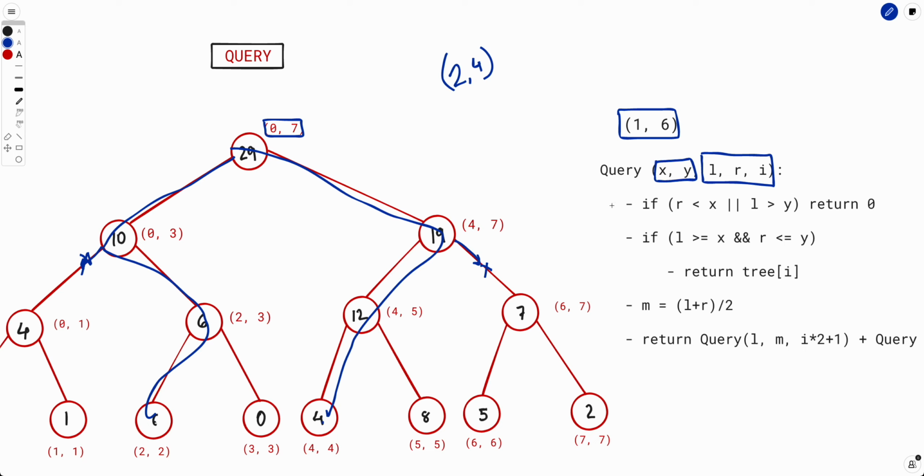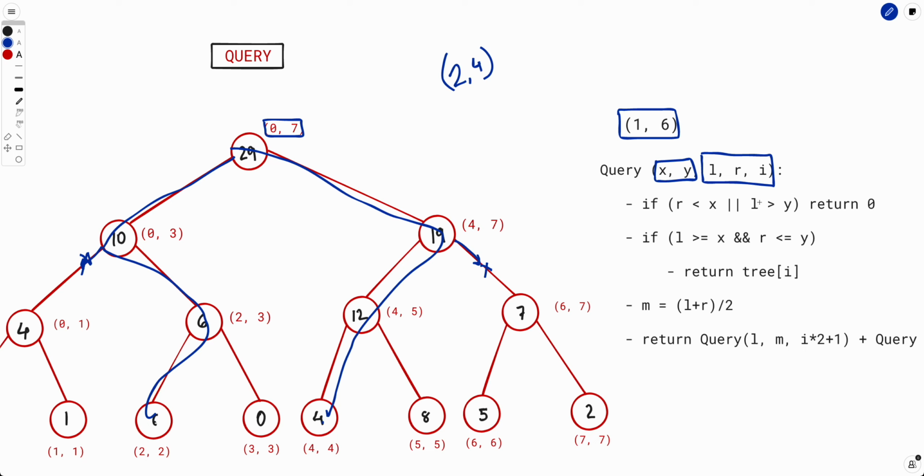So three conditions. First, the node is not overlapping at all. Notice that the current node covers the range L to R. So we are just checking whether X and Y completely lie outside of L comma R. What we are checking is if Y is less than L or X is greater than R. X is already less than or equal to Y. So if Y is less than L, this entire range lies outside of L comma R, or if X is greater than R, again X comma Y lies outside of L comma R. So that's the first condition.